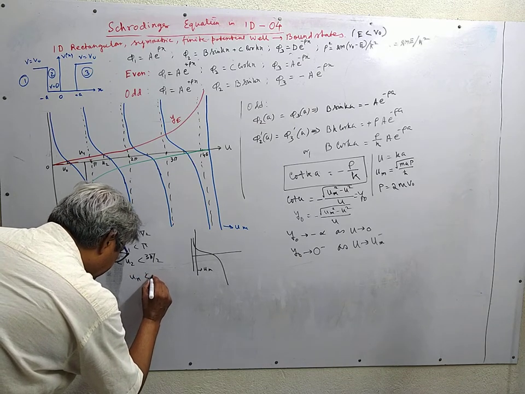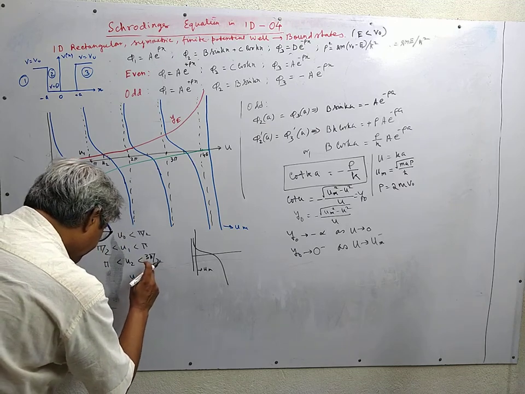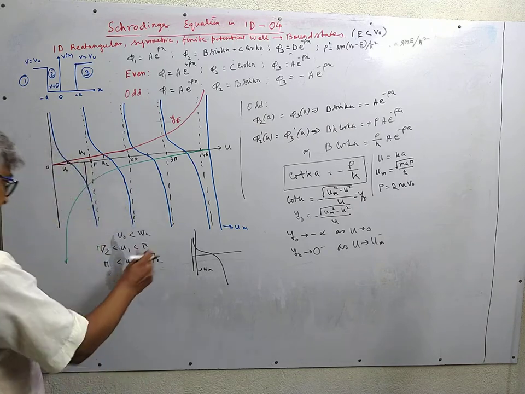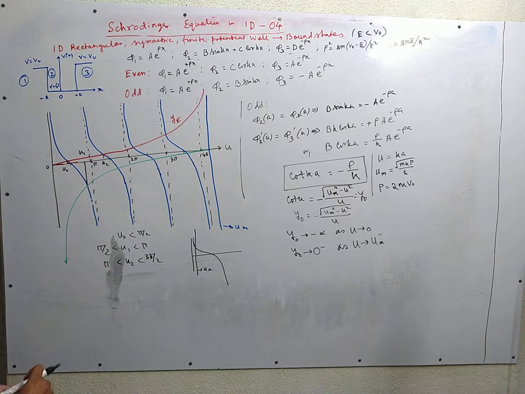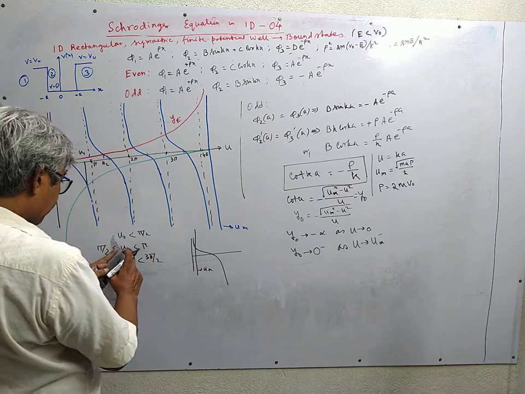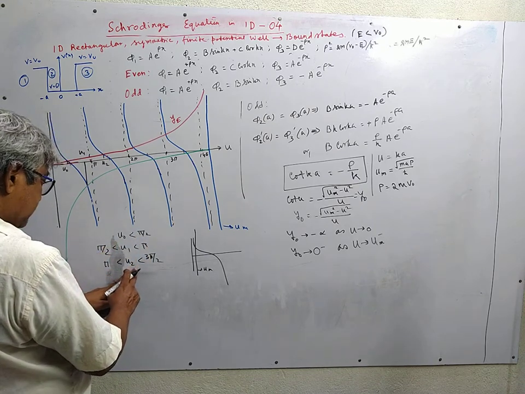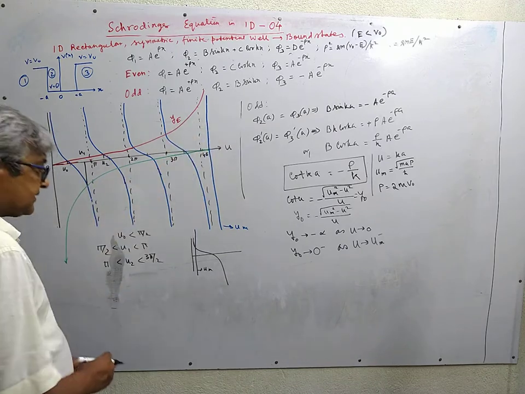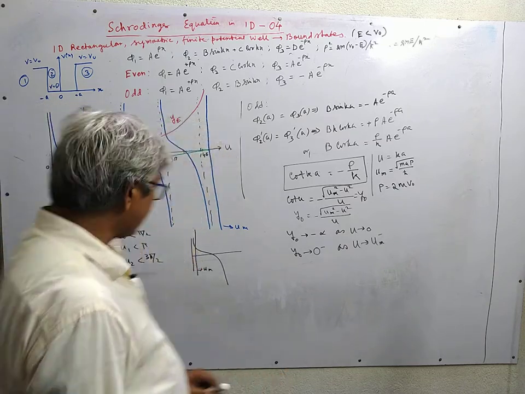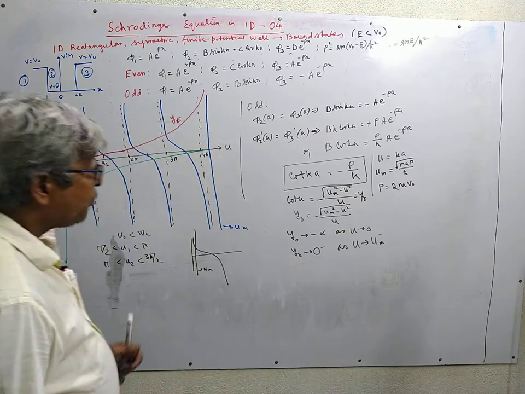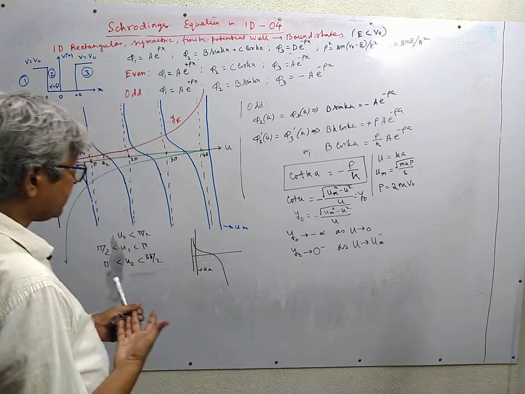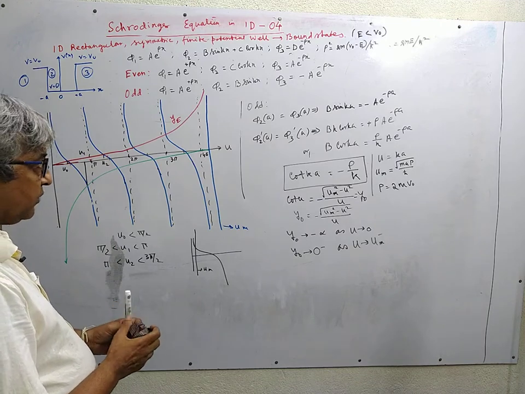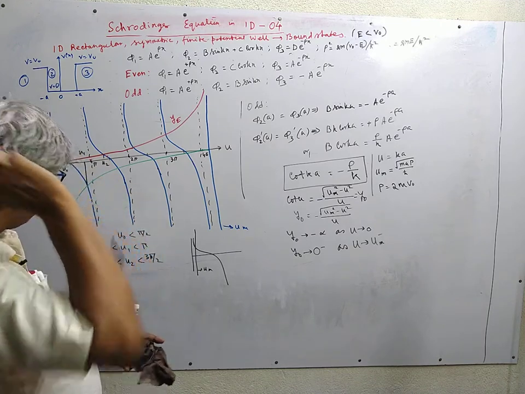It will depend on even or odd number of states, but depending on the position of the maximum value of u we can count the number of bound states. This is so far as the energy is concerned, and this is the way you find out the energy of a particle when subjected to a finite potential. Well, the problem is included in your practical syllabus.